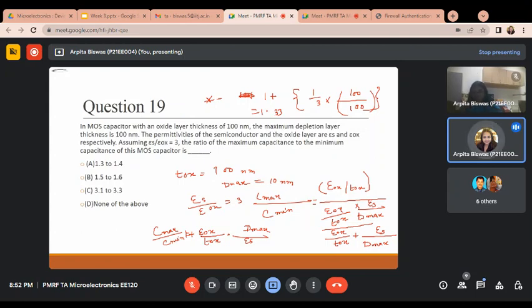You can cross check the answer. All the values are given, you just have to know the formula for how to calculate and just put the values. Write down, then we are going to move toward the next question. 8 minutes left.